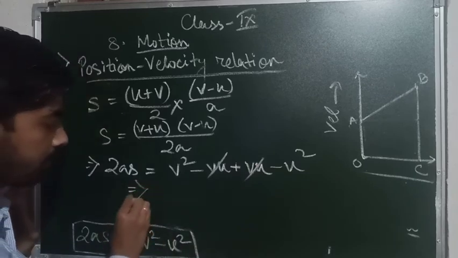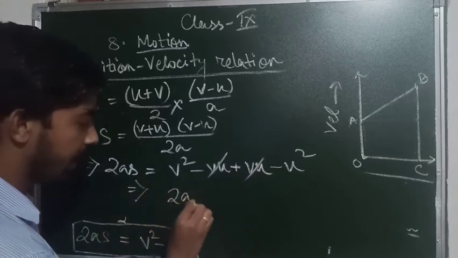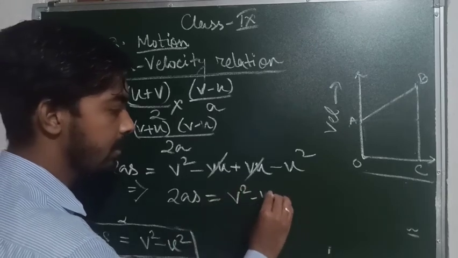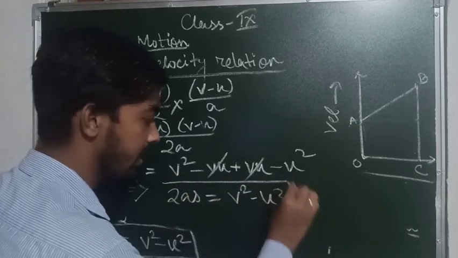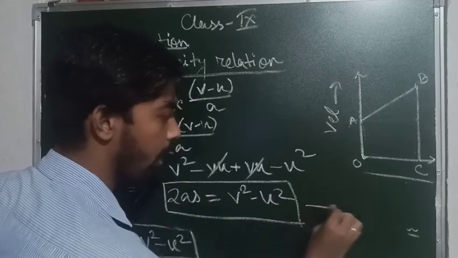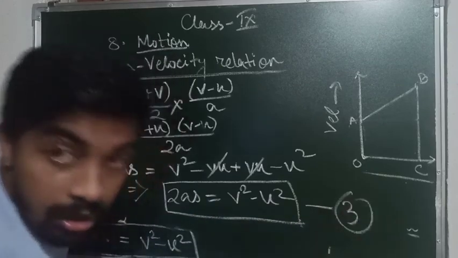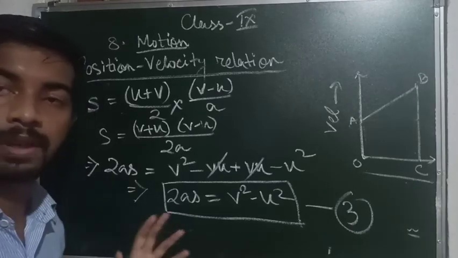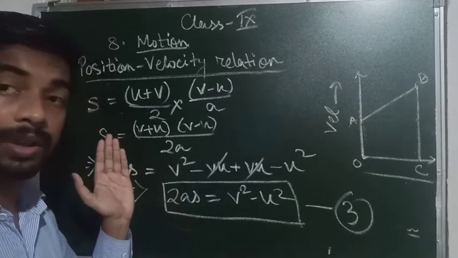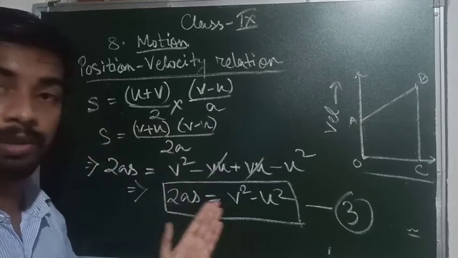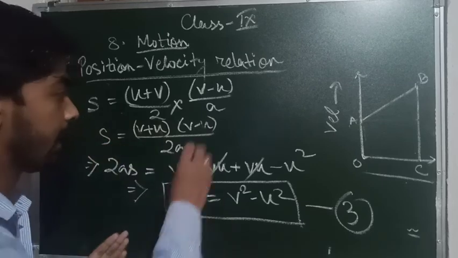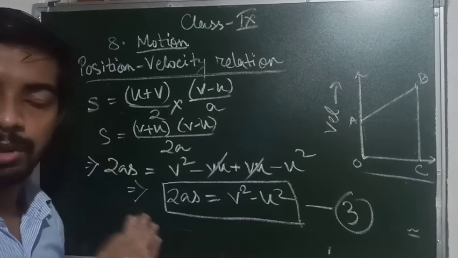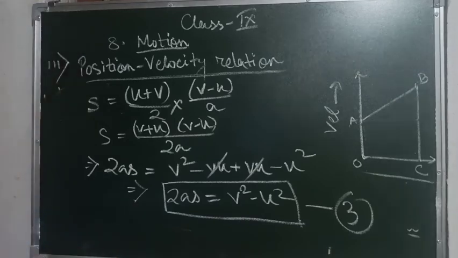Finally we have 2as equal to v square minus u square, which is our formula, the third equation of motion. So this is how it comes. If someone does not know factorization, you can directly multiply them and you will get the result. If you want to write this one down, you can pause the video and write it.